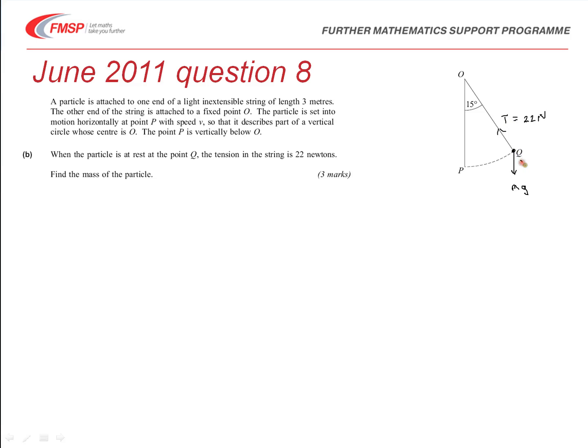So down this way, we know this angle here is 15 degrees, so mg cos 15 is acting in one direction and T is acting in the opposite direction. So we know that along that line T must equal mg cos 15 degrees.